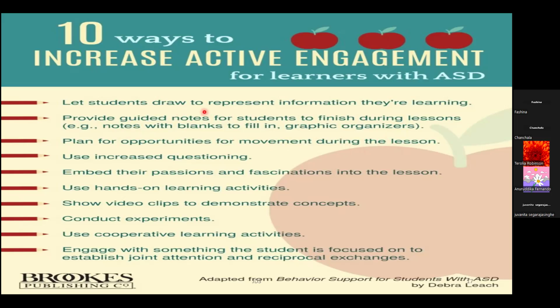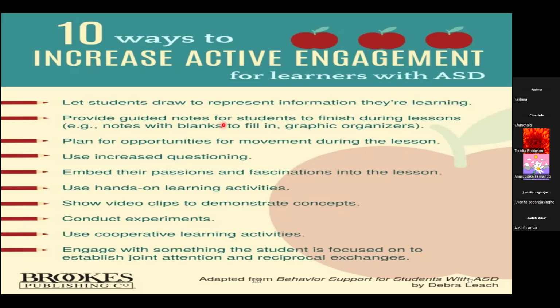Draw to represent information. Basically, if you very closely read all these, you will understand child involvement or making the child do something using his hands will solve many of those issues than just making them write all the time.